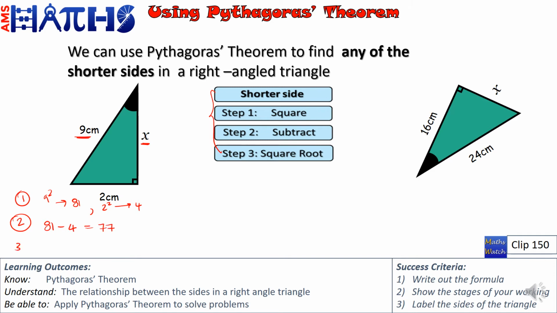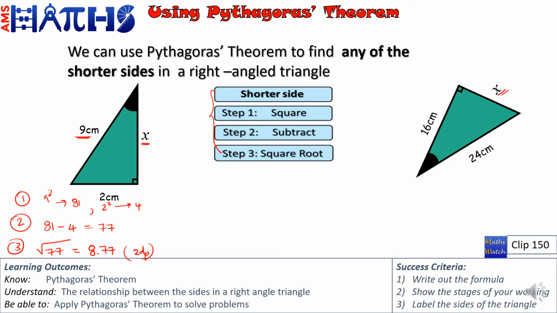And our next step is to find the square root of 77. Now I'm just going to give the answer to 2 decimal places. So let's get that worked out. That gives us 8.77 when rounded to 2 decimal places.